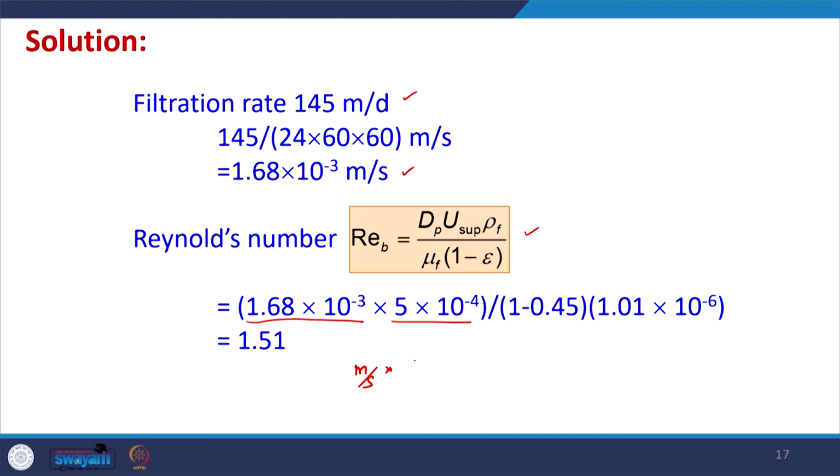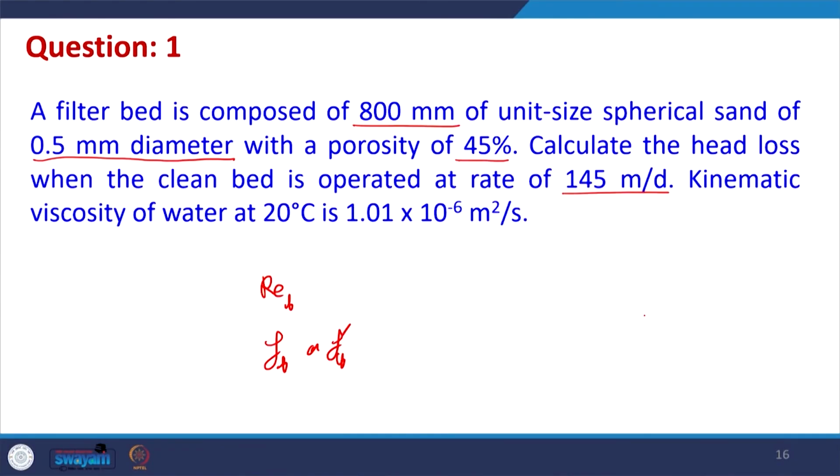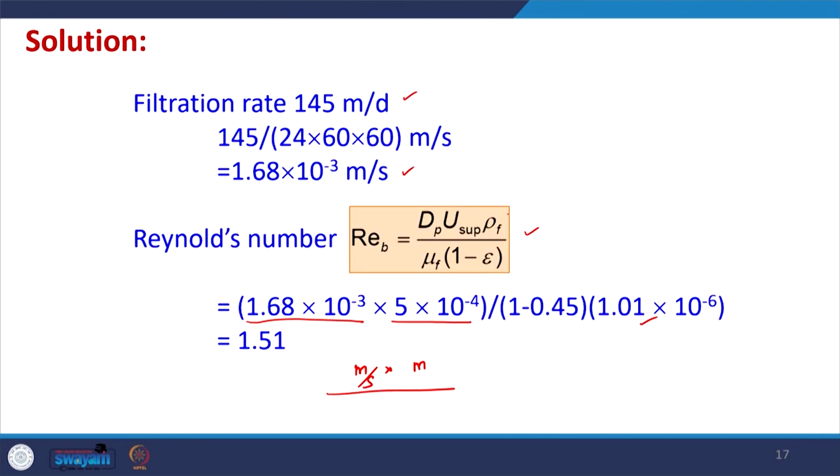For dp we are taking meter, and since we are directly using the kinematic viscosity, its unit is meter square per second. So these units cancel each other, and it is dimensionless.